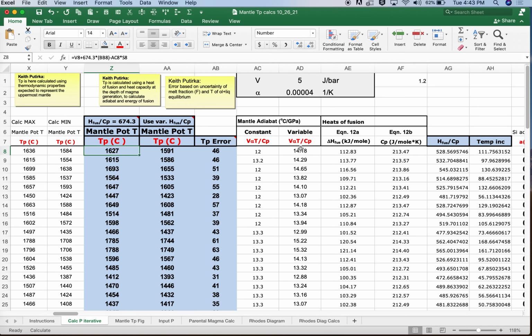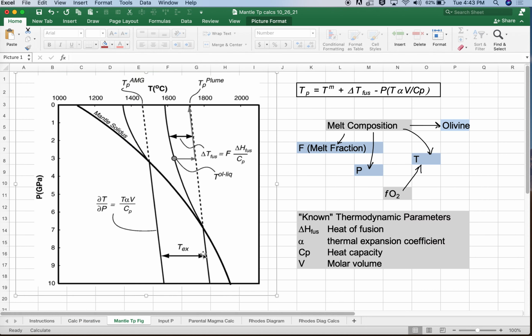There is another correction, not only for the mantle adiabat. As solid mantle rises, it'll eventually hit the mantle solidus, and when it does, it'll begin melting. And some of that energy that goes into converting solid into liquid will force the temperature of the entire system to decline as we're converting that energy.